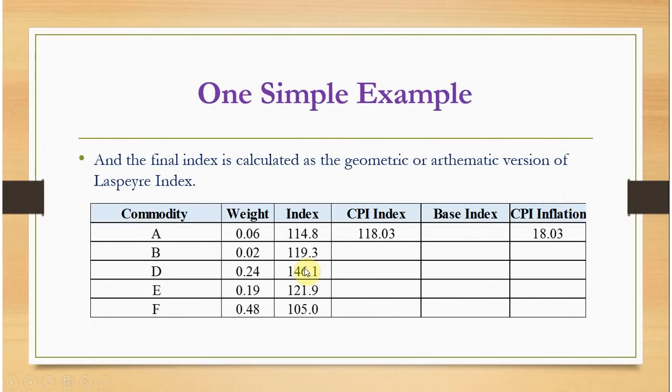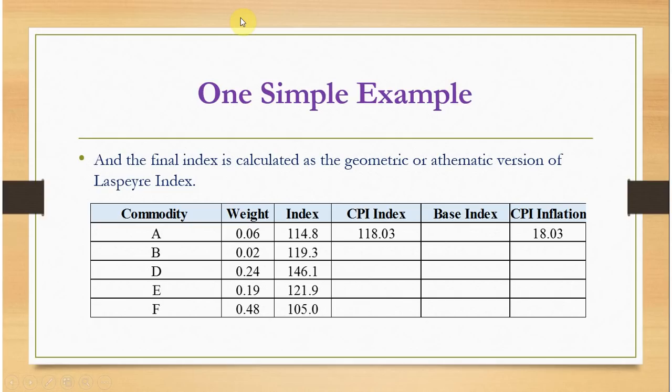If weighted geometric mean is used, we calculate geometric mean, while if we use the arithmetic mean, we calculate the weighted arithmetic mean of the indices. In this case, we have used the weighted geometric mean or geometric version of last pairs index. So this 118 is the weighted geometric mean of these indices where the weights are used.